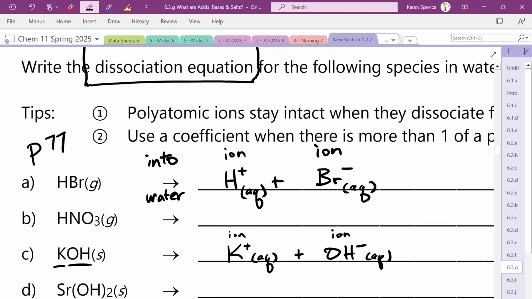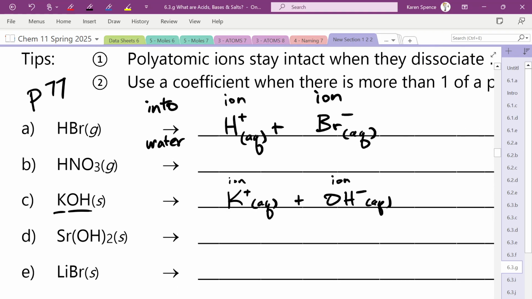We're going to do one more before the bell goes, because I want to show you what happens if you've got two of them. Strontium, we have strontium, and we have two hydroxides. So we have Sr, which is 2+, and we don't write OH with a little 2 down at the bottom. They float around separately, so we write it as 2OH minus. We have a 2 and a 2. So that is aqueous and aqueous.